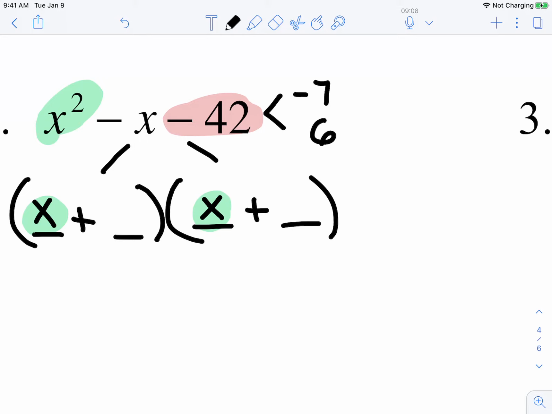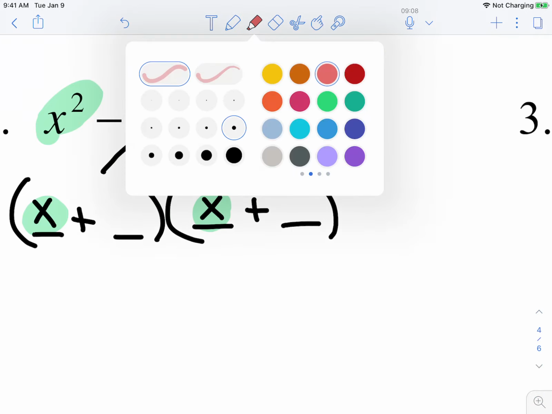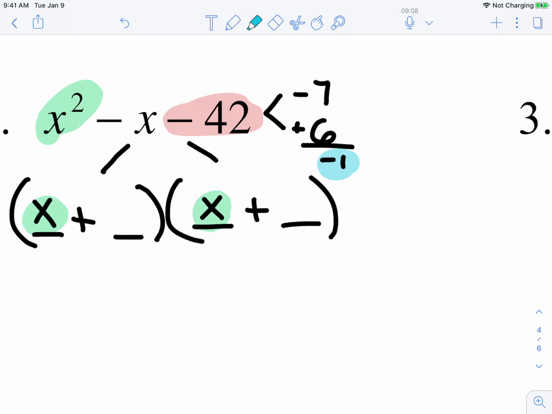So those two numbers, when multiplied, give you -42, and when I add them, they add to -1. And that's exactly what I wanted, because this is a -1. So I know I can put -7 here and 6 here.